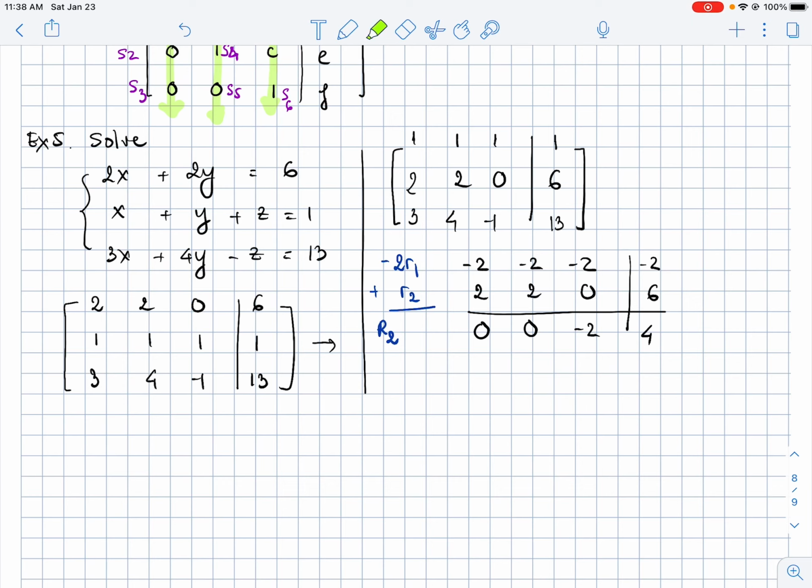And now we also want this location to be 0. So let's look at the first one. We will always look at the entry 1 that we made from the beginning. The first one is 1x, and the third one we have 3x. So how can we make x go away? We will multiply the first one by negative 3, so it becomes negative 3x, and then add.